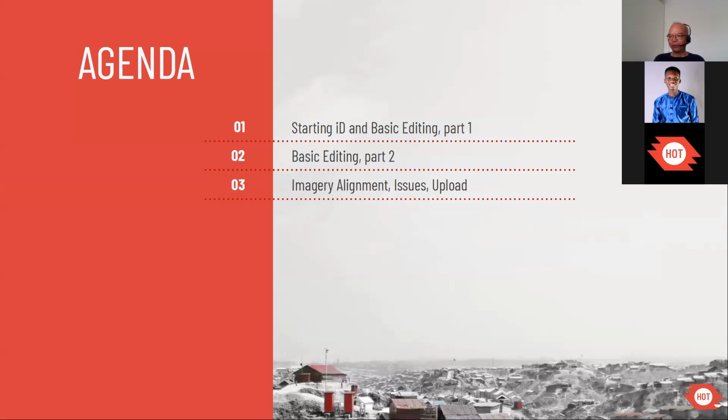After that, the second part will be presented by Untitled Mercy, and he will be getting you a deeper insight into editing techniques and talk about some advanced topics there. And finally, Jeffrey Katteregger will be covering the issues of imagery alignment, the issues tab in ID, and how to upload the work you've been creating.